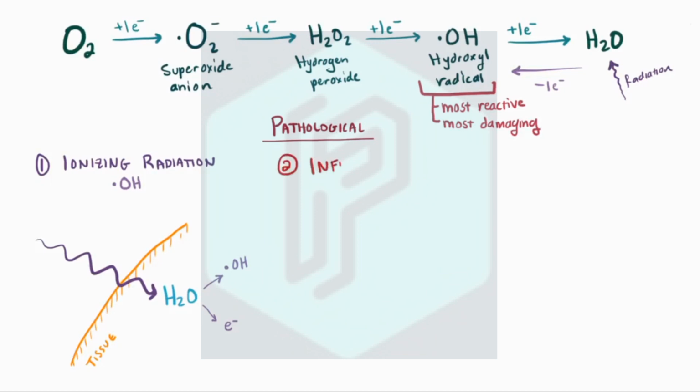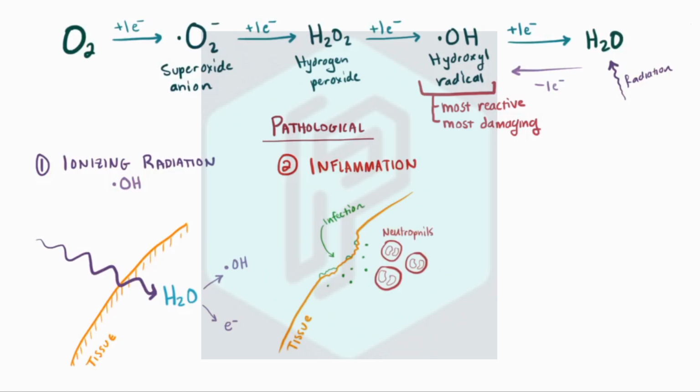Besides ionizing radiation, inflammation is another way that you can get free radical generation. When you get an infection and neutrophils come by to fight that infection, there are 2 mechanisms they use to kill whatever microbe there is, one of which is oxygen dependent. Oxygen dependent means you need oxygen, so you can probably guess that oxygen's involved.